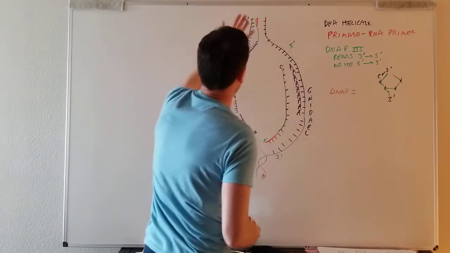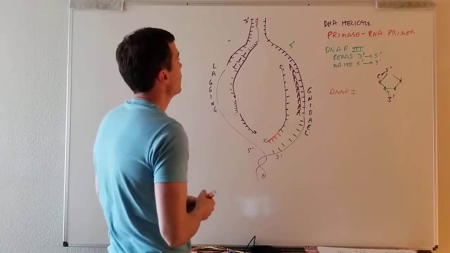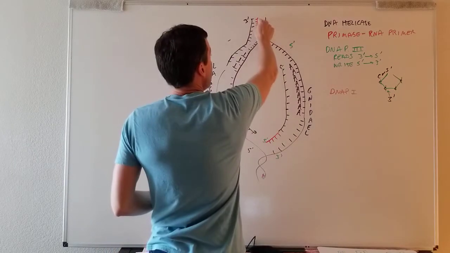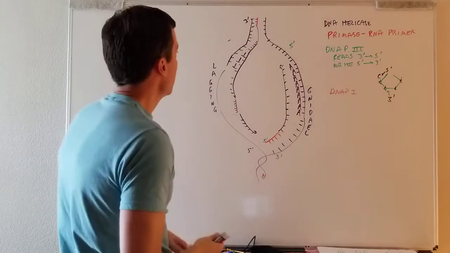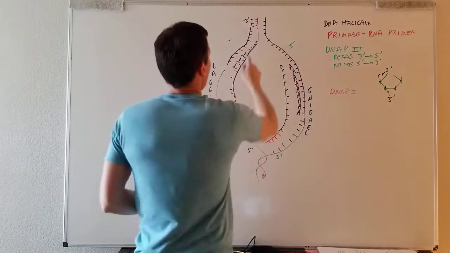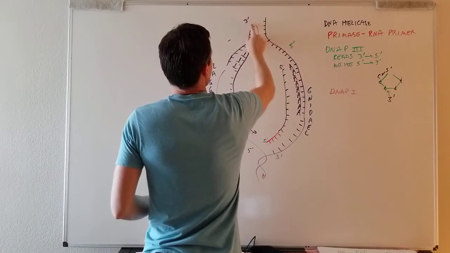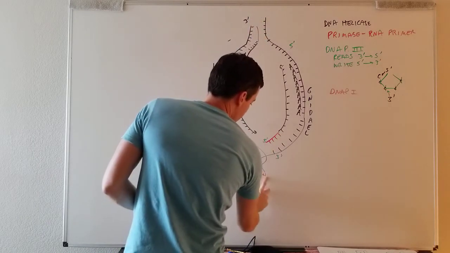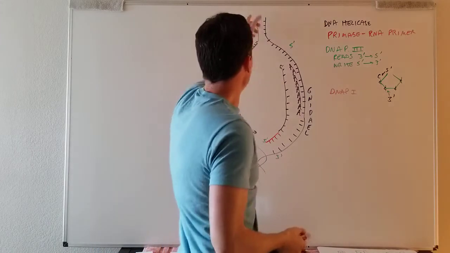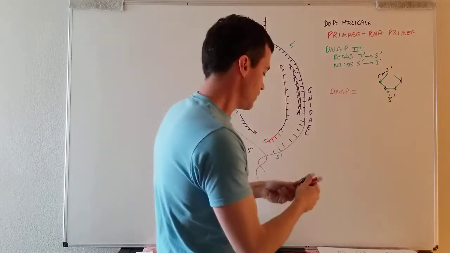But you can't land above the red part because there's nothing there. And so because of that, every time our DNA replicates, we aren't able to kick out that primer. When DNA and RNA stay locked together too long, they get degraded. So after a while, that gets degraded. Same thing on this end. So every time my DNA is replicated, I lose a little bit of DNA off of the ends.